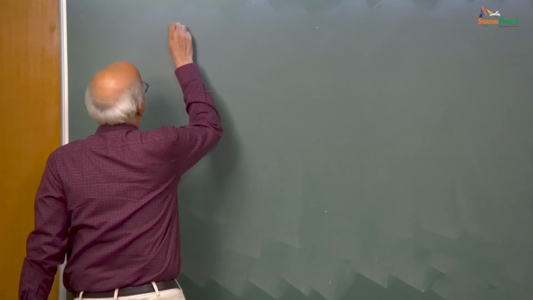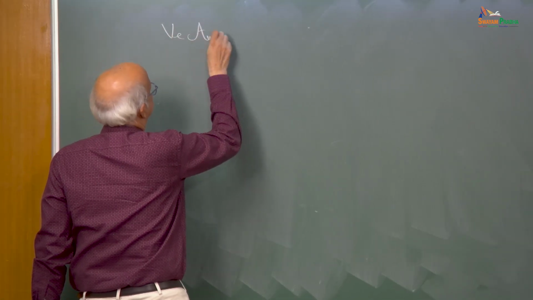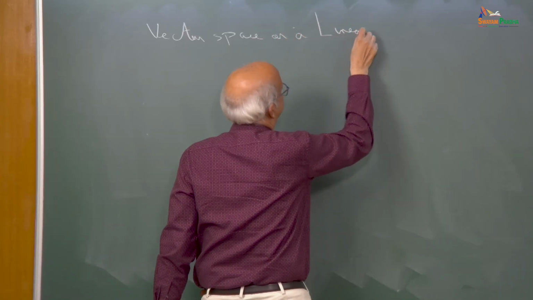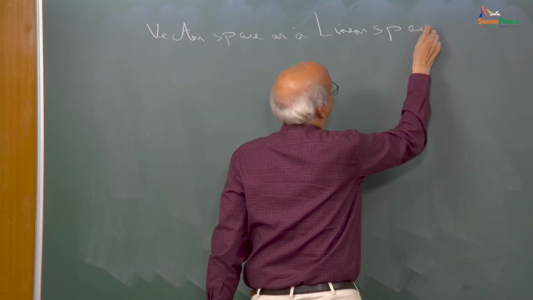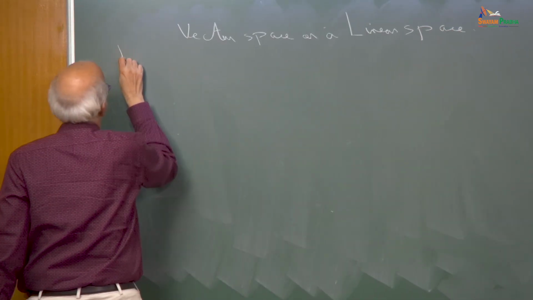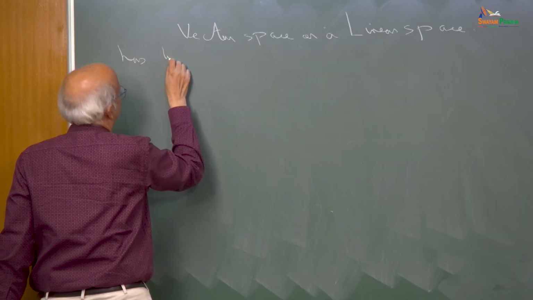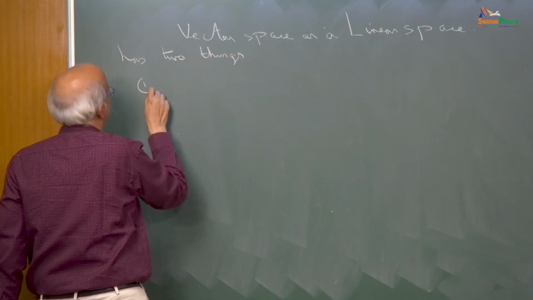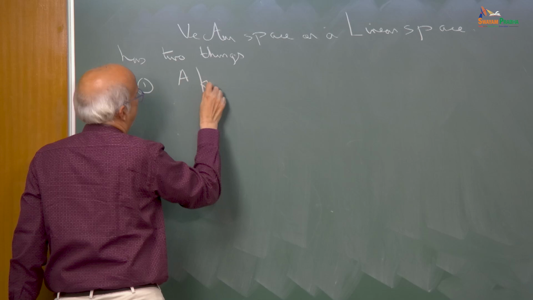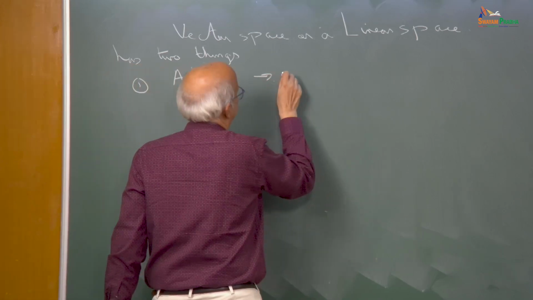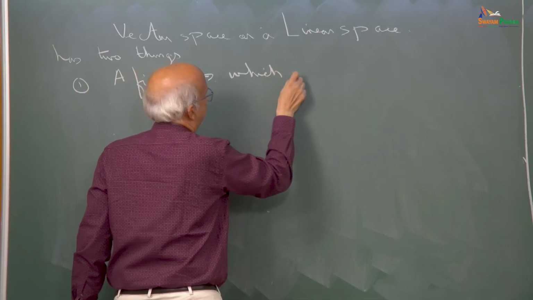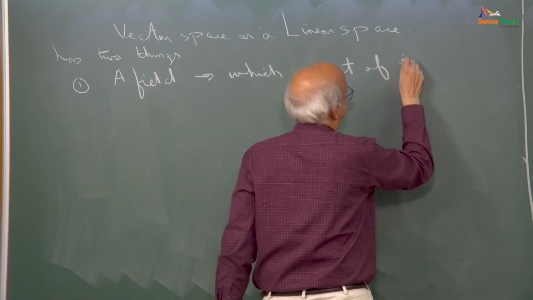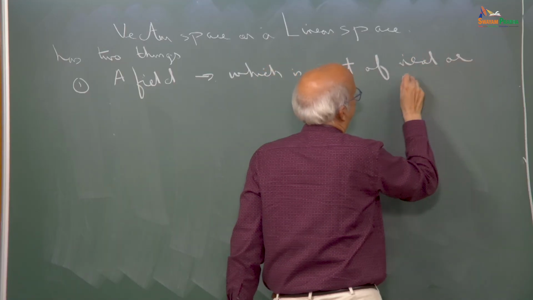If you talk about a vector space, or a linear space, this has two things. One is a field, which is a set of real numbers or complex numbers.